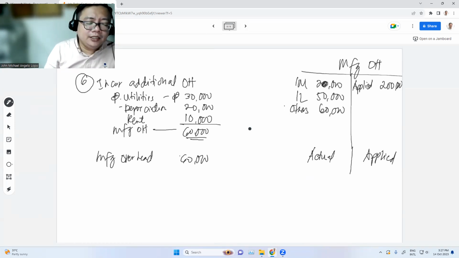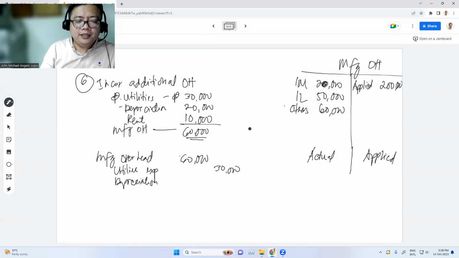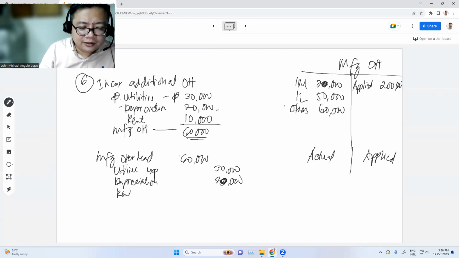Okay, what else? So, yun yung ating debit, manufacturing overhead. So, ano yung ating mga credit? Utilities expense. Magkano yan? 30,000. Okay? You have also here our depreciation expense, 20,000. Okay? Then, the last one is all about rental. So, you have rental payable. Okay? Ito, payable na to, ha?